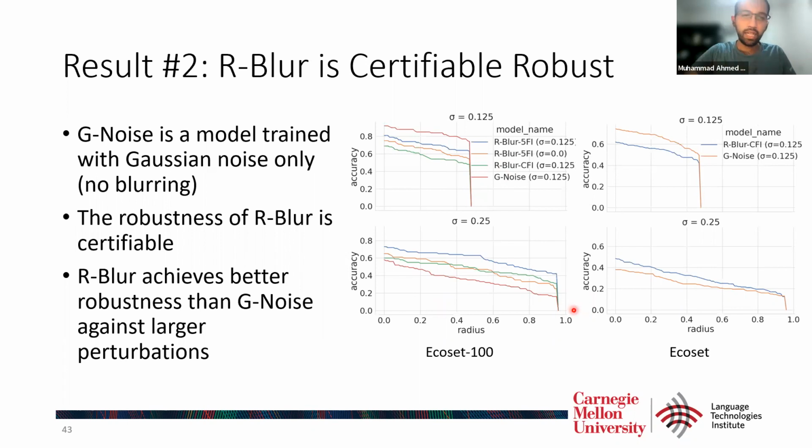So that sort of precludes the need to run AutoAttack, etc. Because as you know, running AutoAttack requires a lot of time. Even on simple models, running AutoAttack on maybe 500 or 1000 samples takes several hours. But certifiable robustness is a stronger result because it is provable, and AutoAttack is not provable.